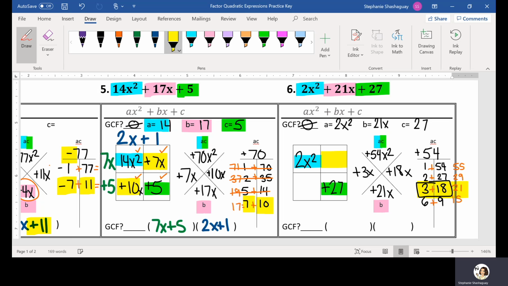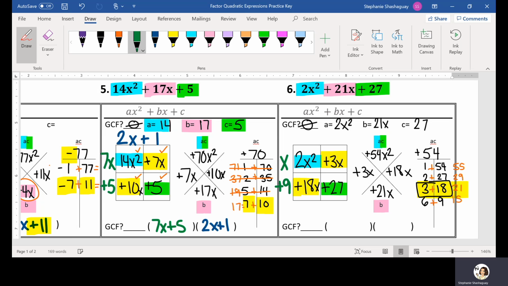I'm going to fill that into my box. So plus 3x plus 18x. Now I need to factor 2x squared plus 3x. The only thing I can factor out is an x. 18x and 27. Well, 18 is divisible by 9, and 27 is also divisible by 9.